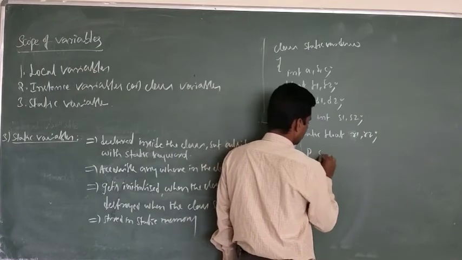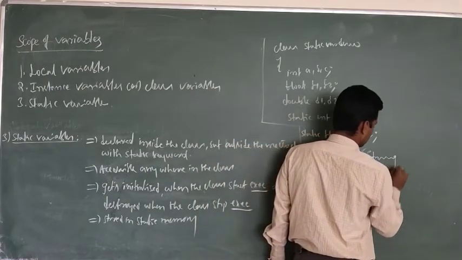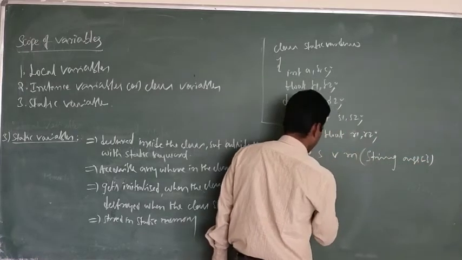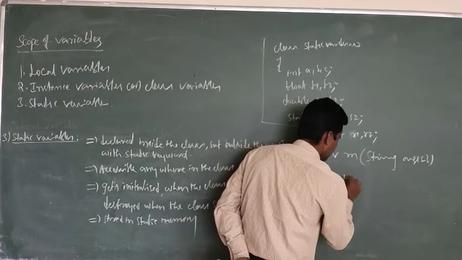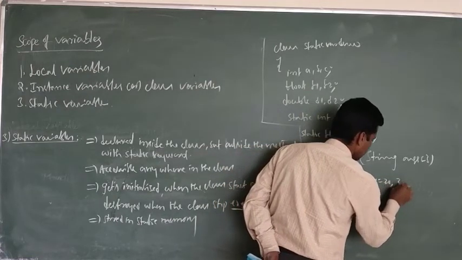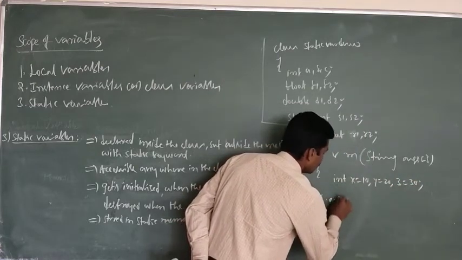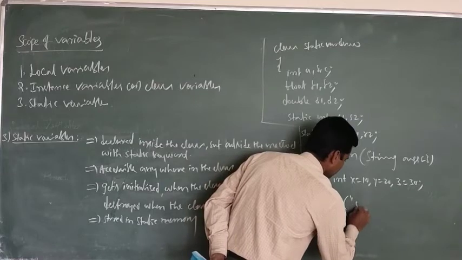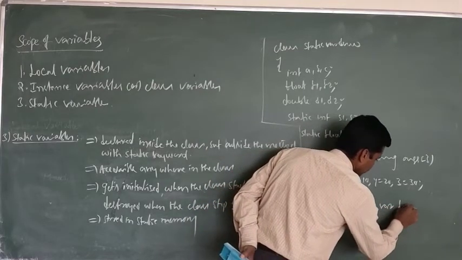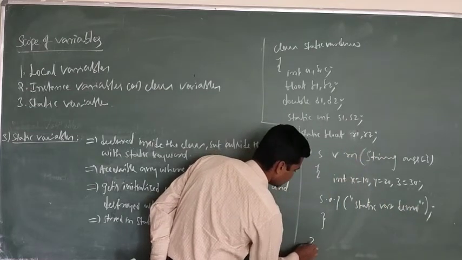Then public static void main(String[] args). int x = 10, y = 20, z = 30. System.out.println("Static variable demo"). Close the method, close the class.